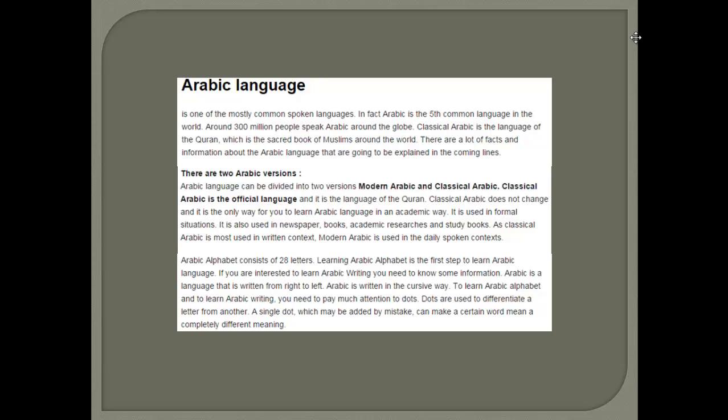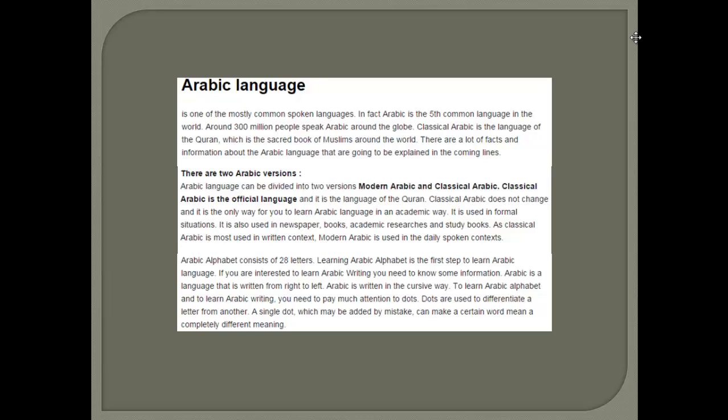To learn Arabic alphabet and to learn Arabic writing, you need to pay much attention to dots. Dots are used to differentiate a letter from another. A single dot, which may be added by mistake, can make a certain word mean a completely different meaning.